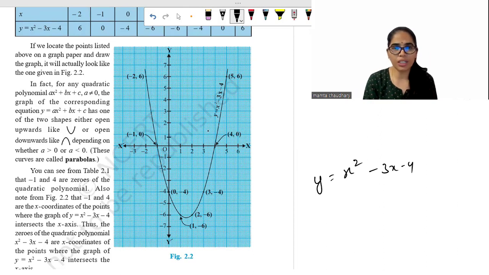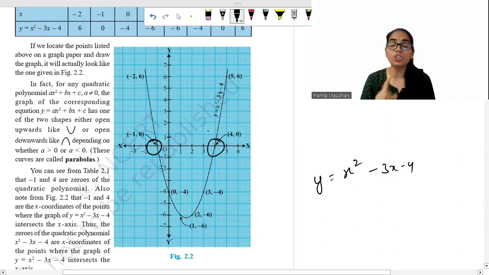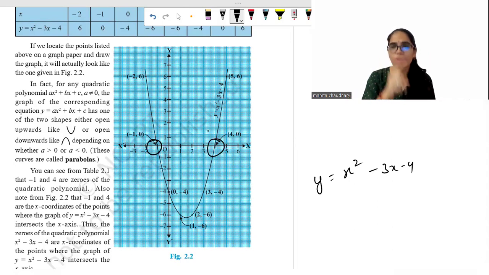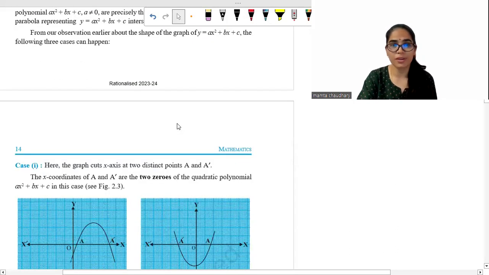Now here you can see this is the first place, and this is another place. In these two places, this curve is cutting, crossing or touching the x-axis. It means we can say that here we have 2 zeros. Very simple, there is nothing to do in this.